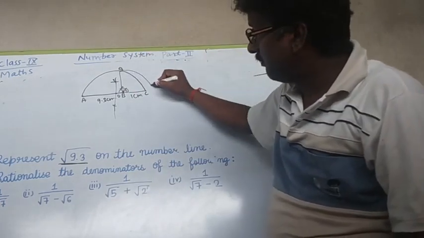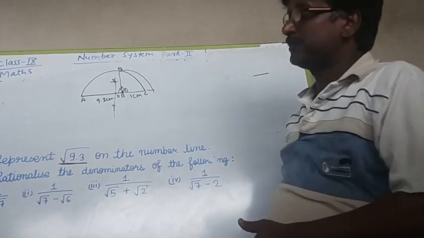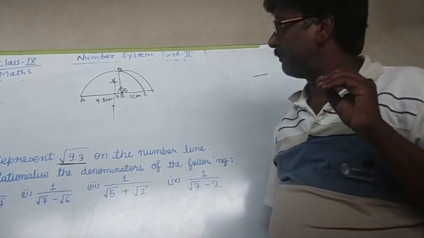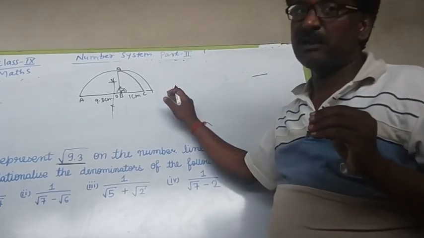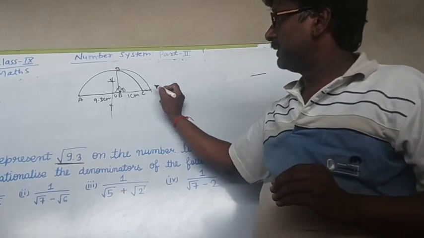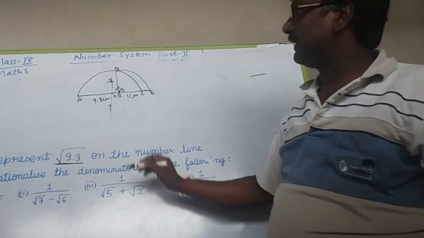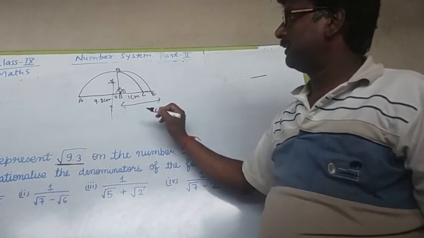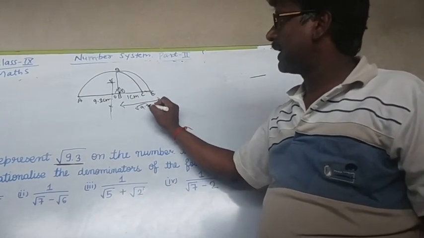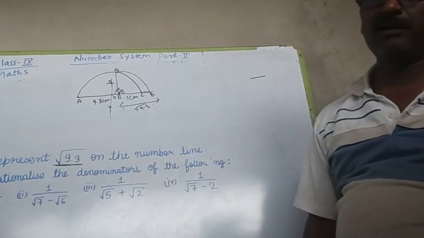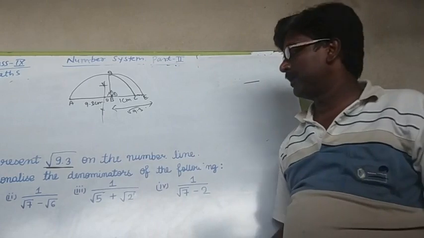But in these questions we have to use the geometry box; with the help of only a pen, these questions cannot be solved. So now once again BC is produced and let this be E. Now it can be said BE is under root 9.3, and this is how such type of questions can be represented when it is an irrational number on the number line.